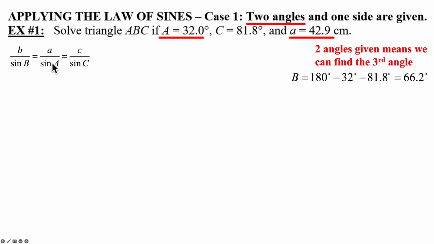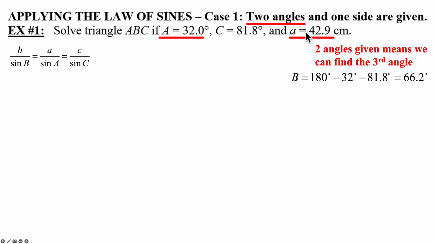Now, why is that important? That's the ratio you put in the middle. Remember, I told you it does not matter what order these ratios come in. So all the information given for one ratio is always going to go in the middle. And then you fill in the other information.